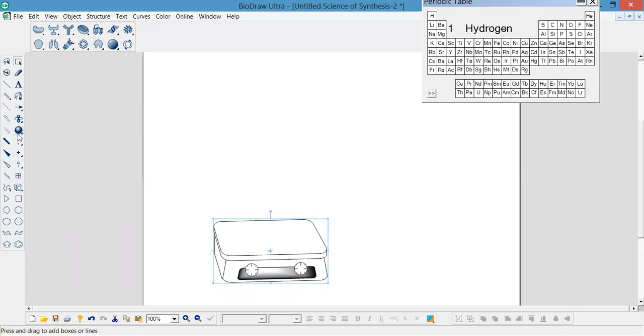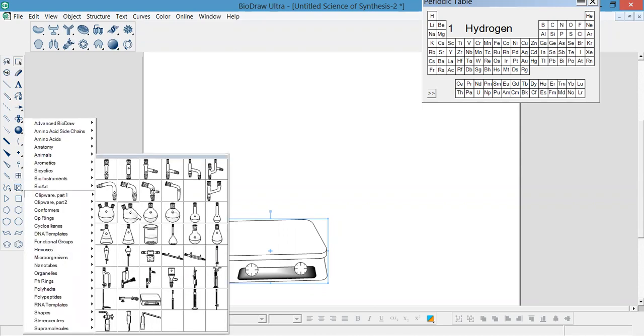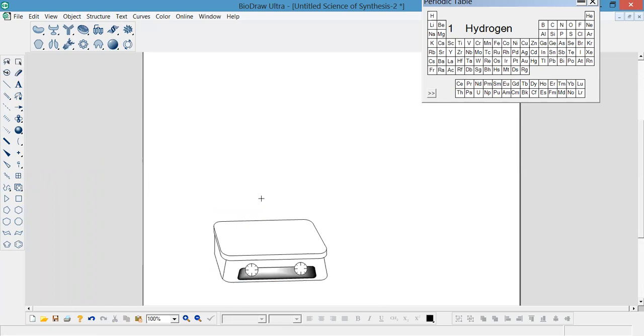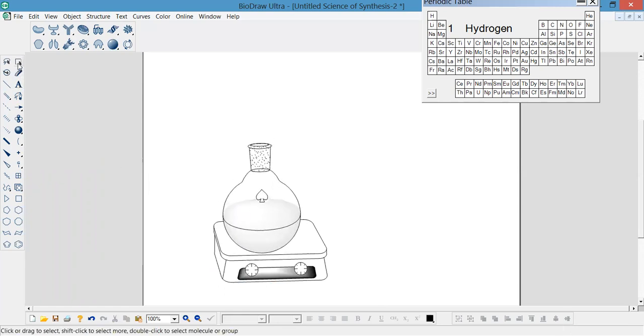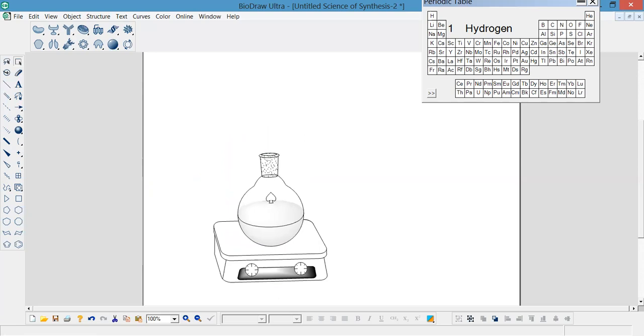Now put down the first reflux assembly, that is the RBF. The RBF is placed on the heating mantle.